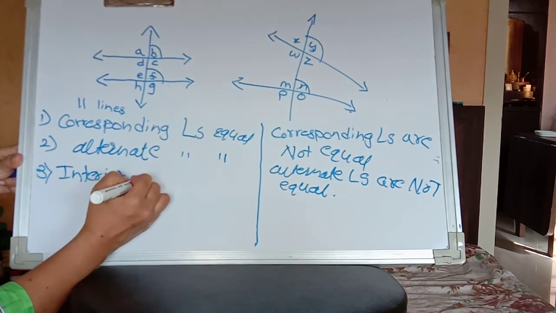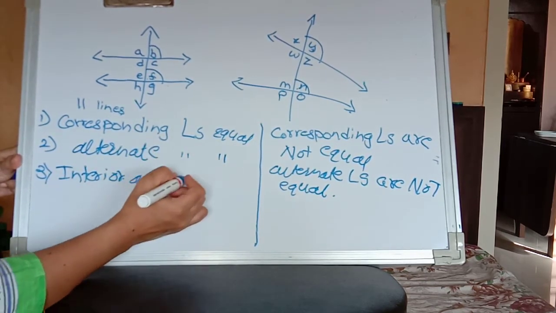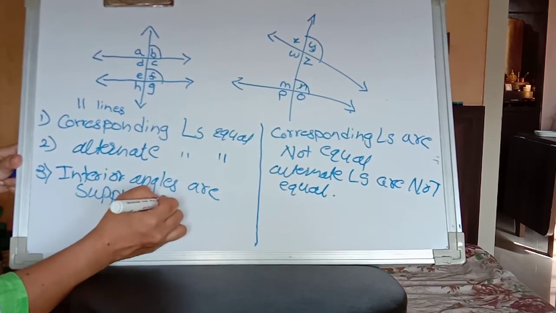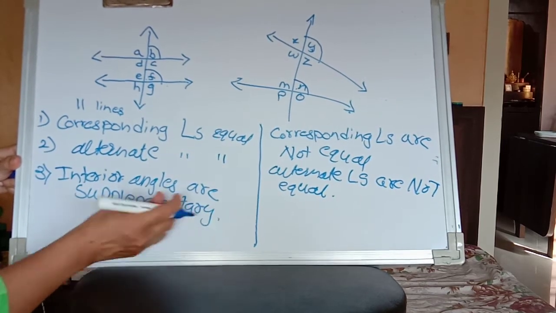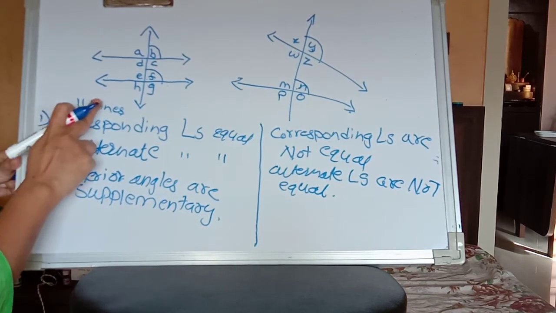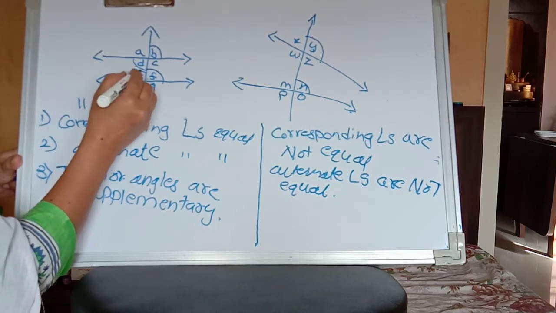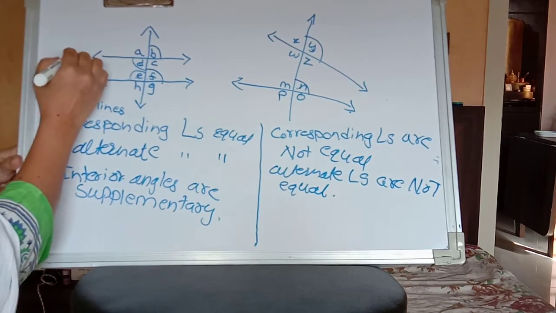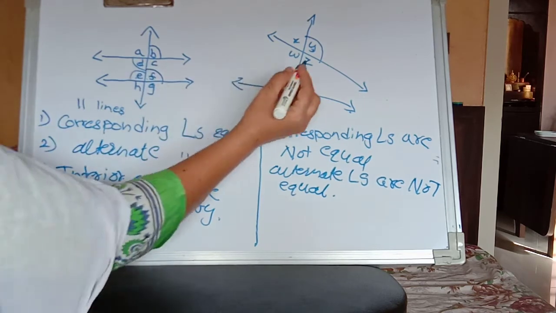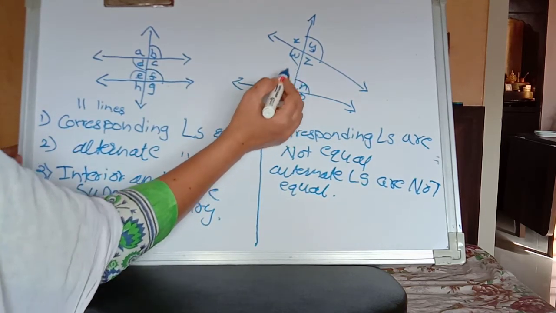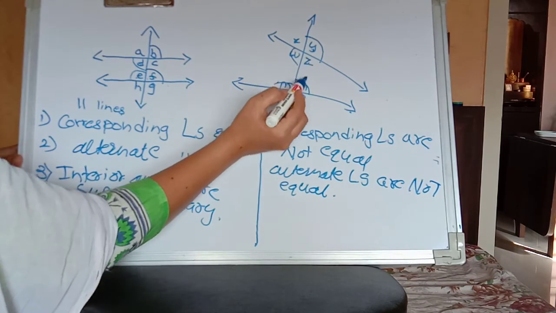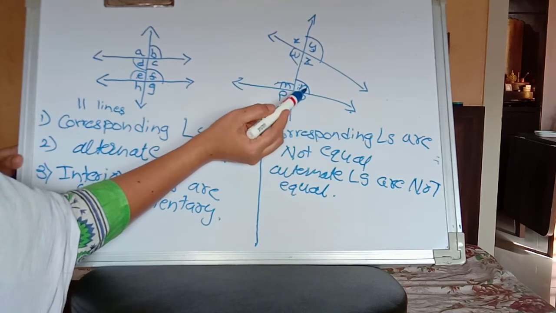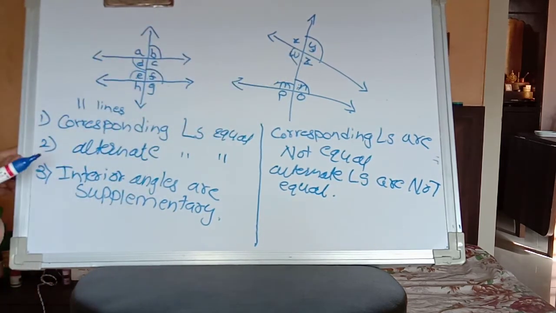Now, if you see only interior angles, then interior angles are supplementary. Supplementary means the sum of their measures is 180 degrees if the lines are parallel. Concentrate on this angle and this angle. If you add these two, their sum will be 180 degrees, provided these two lines are parallel. But look at this angle and this angle. Their sum will not be 180. It seems this is less than 90 and this is also somewhat less than 90, so their sum cannot be 180.